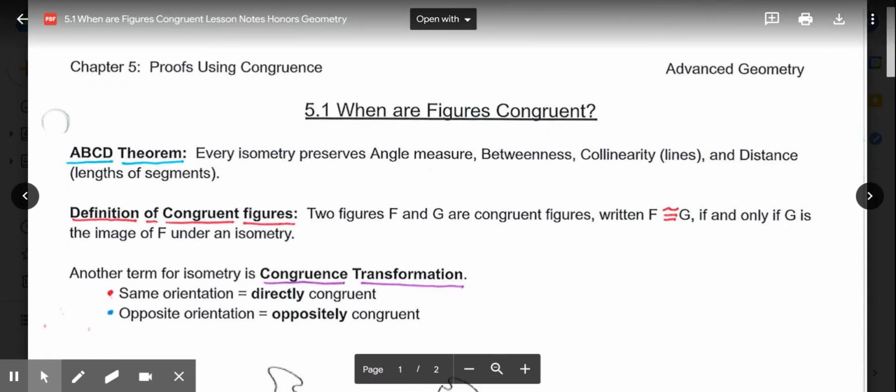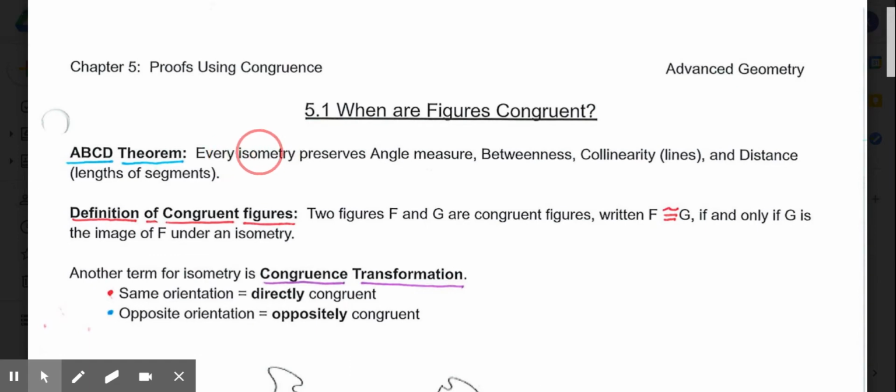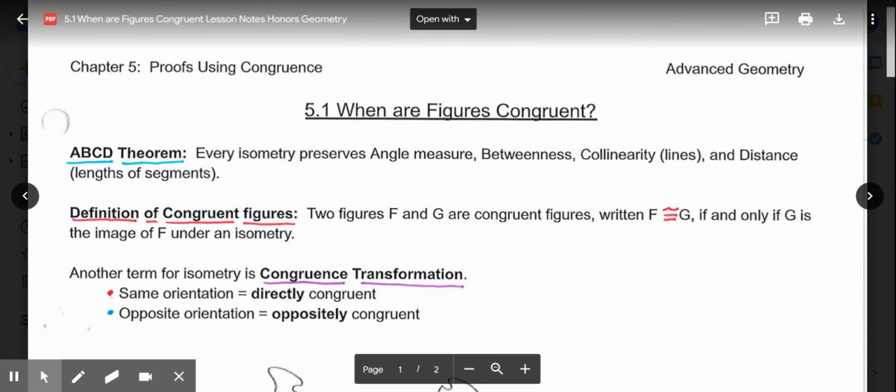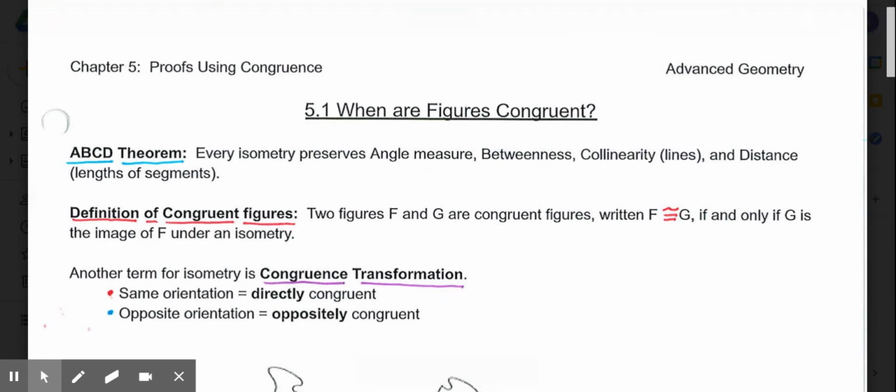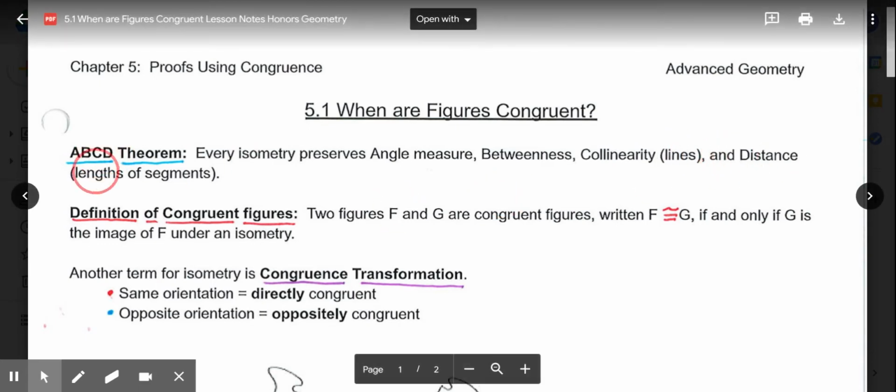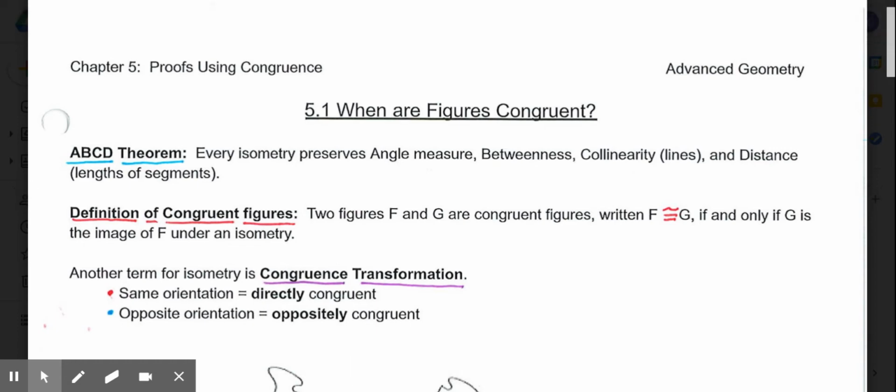The ABCD theorem states that every isometry preserves angle measure, betweenness, collinearity, and distance. In other words, an isometry will not change any of the angle measures, points that are between each other, the points that are on the same line, or the distance of sides or segments between points.